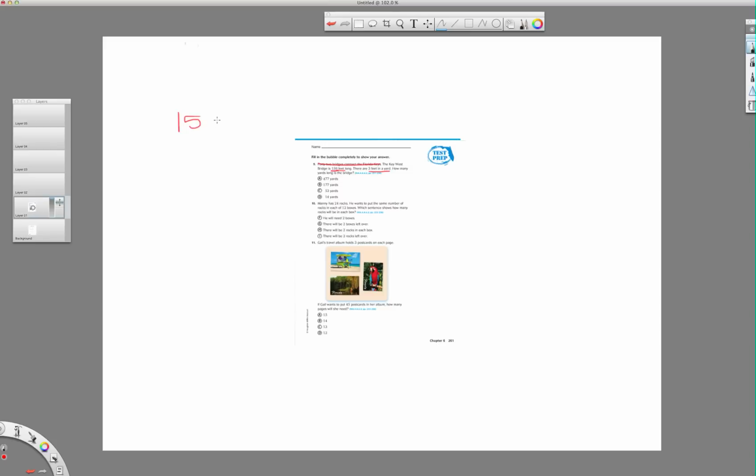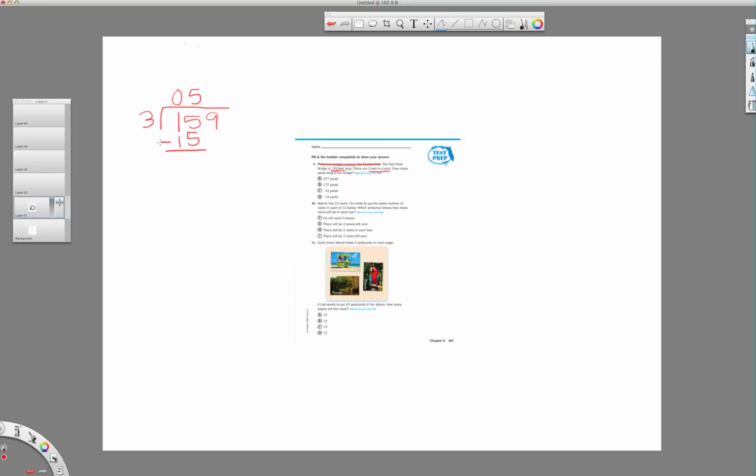I'm going to do this one the traditional way. 159 divided by 3. I asked myself, how many times does 3 fit into 1? It can't. It's bigger than 1. So how many times does 3 fit into 15? 3 can fit into 15 5 times. 5 times 3 is 15 exactly.